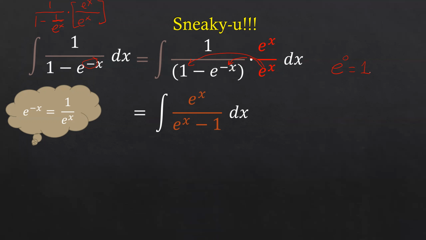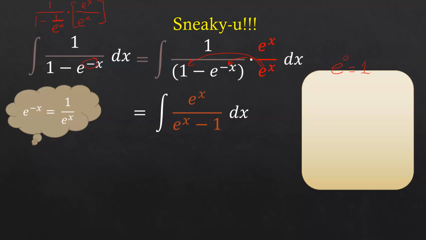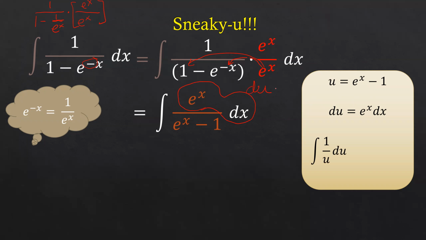So then we can now do a nice little u substitution, right? Let u be e to the x minus 1, then du will just be e to the x dx. And that is nice because that right here is du, right? So then you will have the integral of 1 over u du, and that will give you ln of the absolute value of u, plus c.